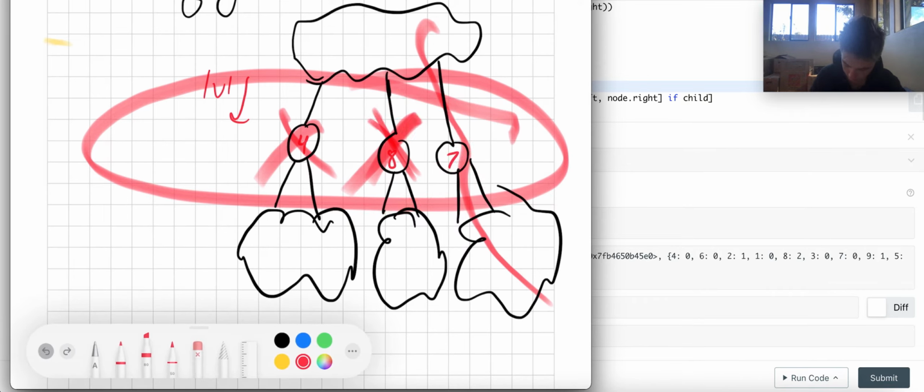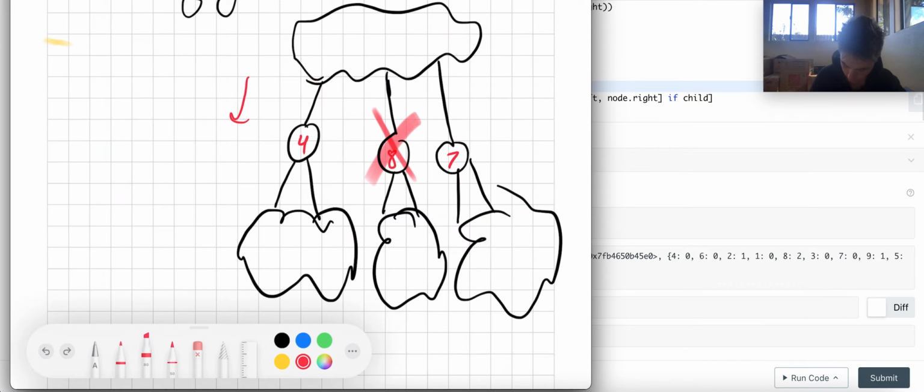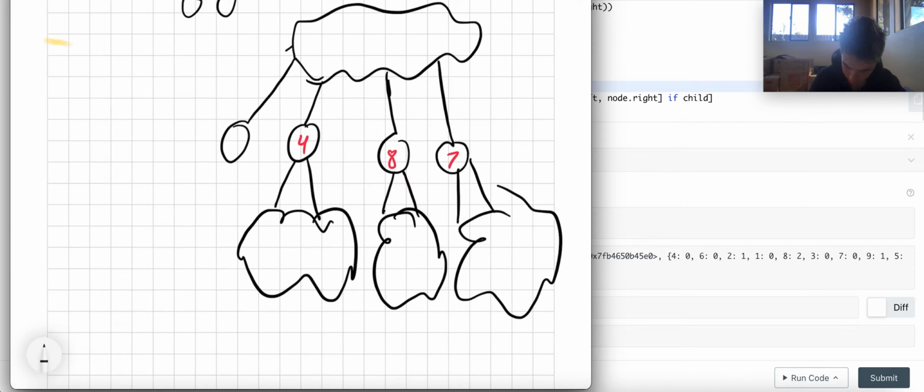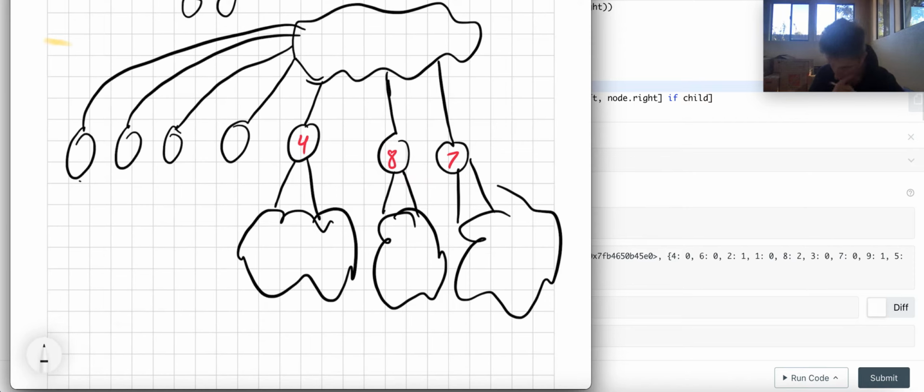So if this thing had, if there were additional nodes here at the same level, right? For all of these nodes, let's say they were all leaves. If all of these nodes were leaves, right? For this node, what would be the optimal path? If you erased it, 8.